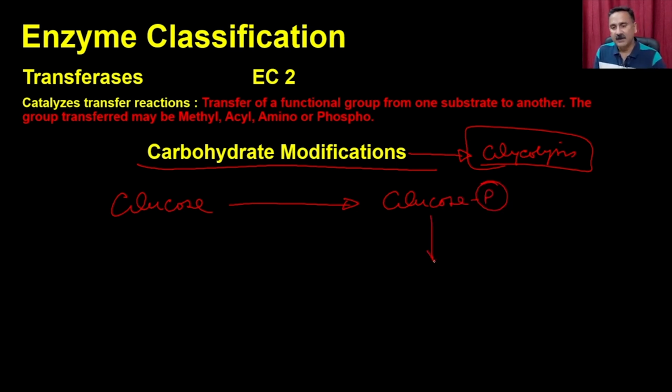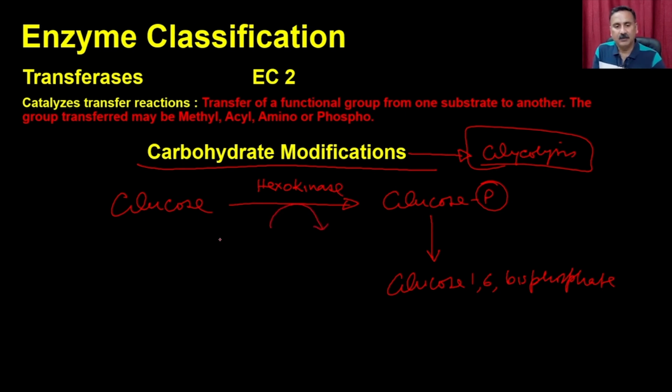Now, from here there will be another round of kinase reaction, and that's how it forms glucose 1,6-bisphosphate, right? So you have two kinase reactions, one catalyzed by hexokinase, and the other catalyzed by another kinase.